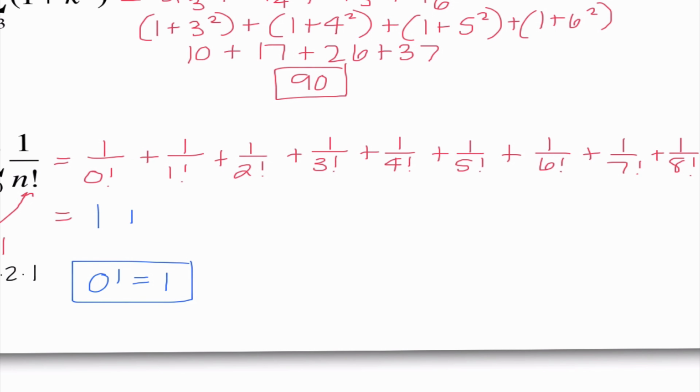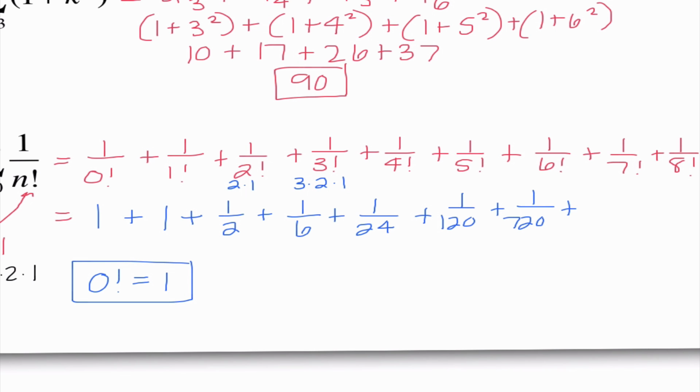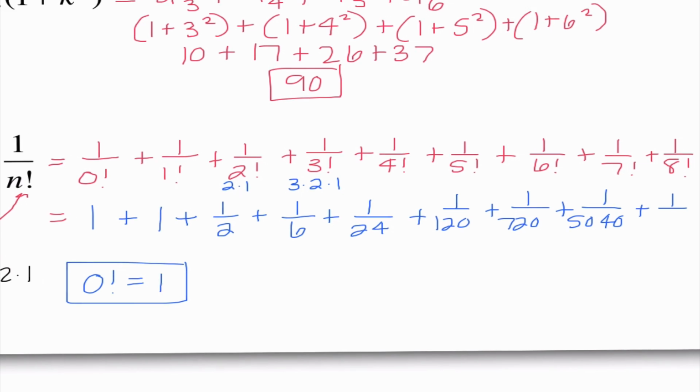So I would get 1. 1 factorial, 1 times itself is just 1. 2 factorial is 2 times 1, so I would get 1/2. 3 factorial is 3 times 2 times 1, so I would get 1/6. 4 factorial is 4 times 3 times 2 times 1, so 1 over 24. 5 factorial is 5 times 4 times 3 times 2 times 1, so I would get 120. 6 factorial, we get 720. 7 factorial is 5040. And 8 factorial is a giant value.